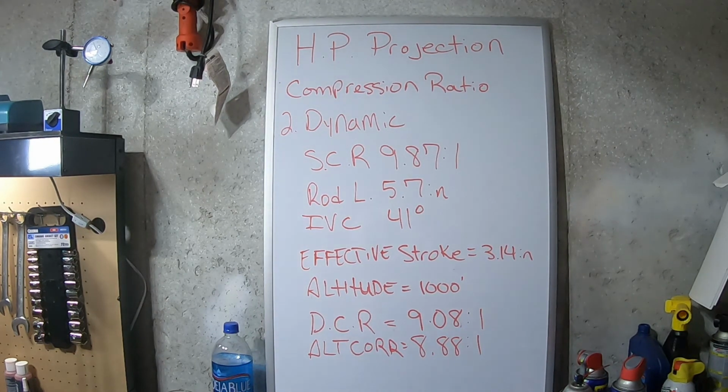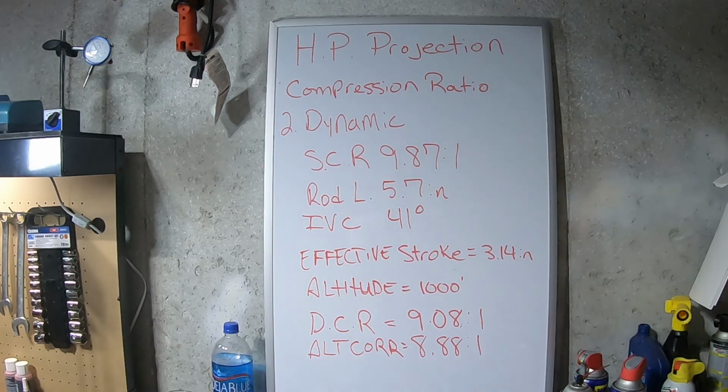Then there's some other factors that you can put in to fine-tune your dynamic compression ratio, like your density altitude. Where I live, somewhere between 600 and 1,000 feet above sea level on a standard day at 29.95 inches of mercury, gives me a dynamic compression ratio of 9.08 to 1.